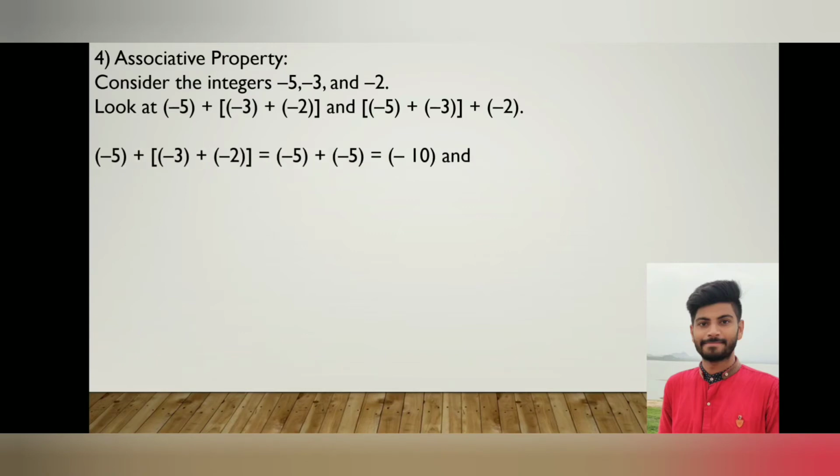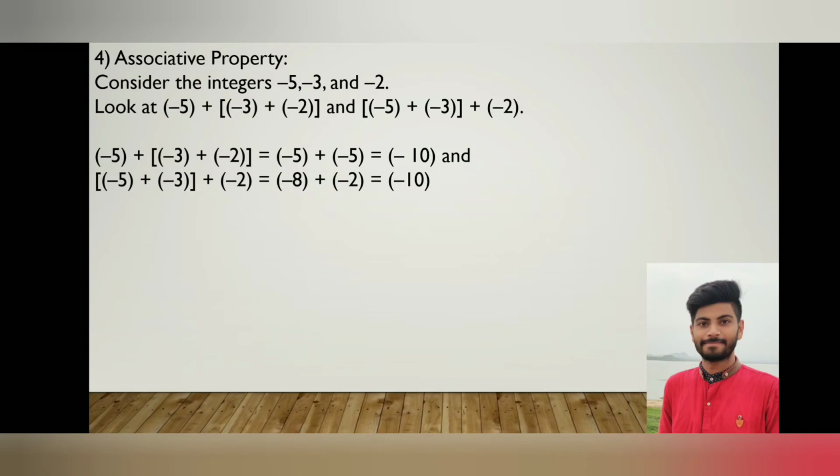So, minus 5 plus, in brackets, minus 3 plus minus 2. Minus 3 plus minus 2 is minus 5. So we get minus 5 plus minus 5, and at last we get minus 10. Similarly, for minus 5 plus minus 3 in brackets and plus minus 2: first we add minus 5 and minus 3, we get minus 8.